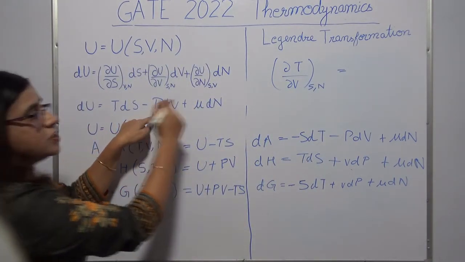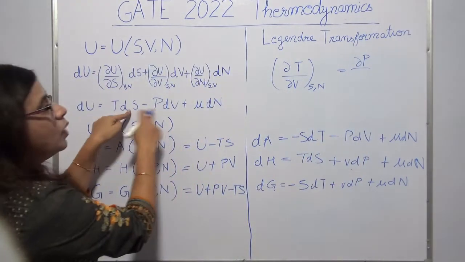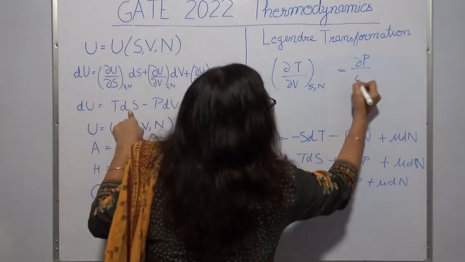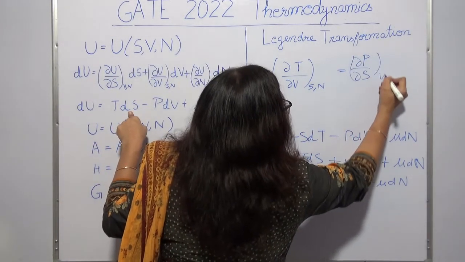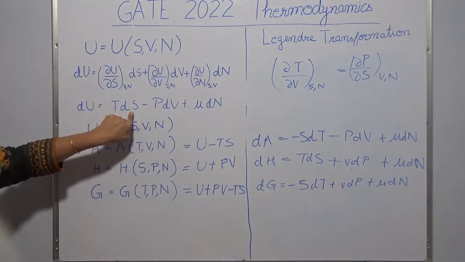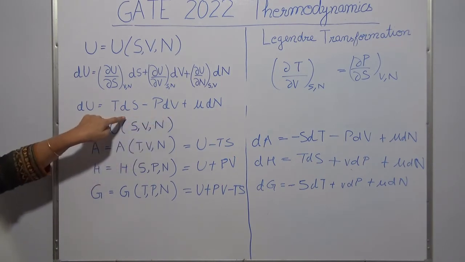So I will take a partial derivative of P. Now I will take it with respect to S and keep V and n constant, okay. So this is a quicker way to write your Maxwell relation. No need to remember that square, and without error you can write it, okay.